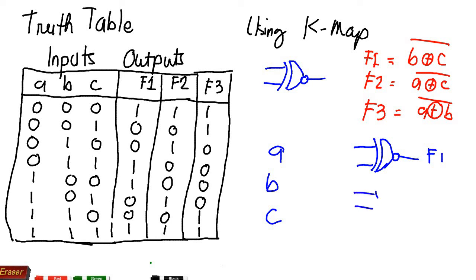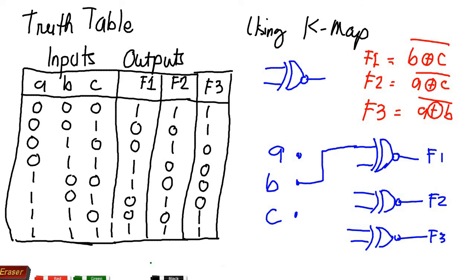Then you have your F2, and then you have your F3. So here the first input will be B XOR C. This is now your inputs. That is B XOR C. Your F2 is A XNOR C. So A XNOR C, we're just going to tap here.